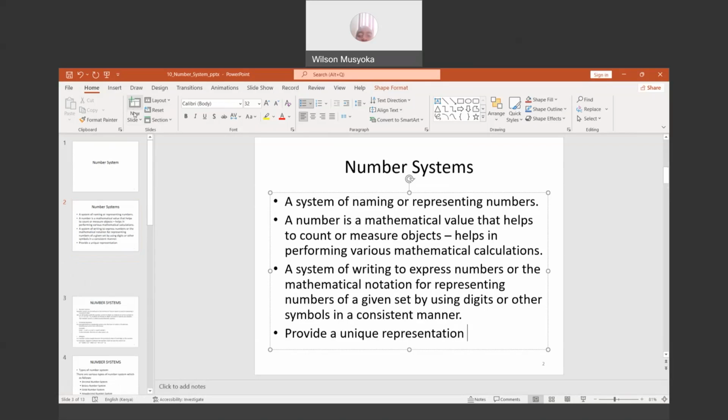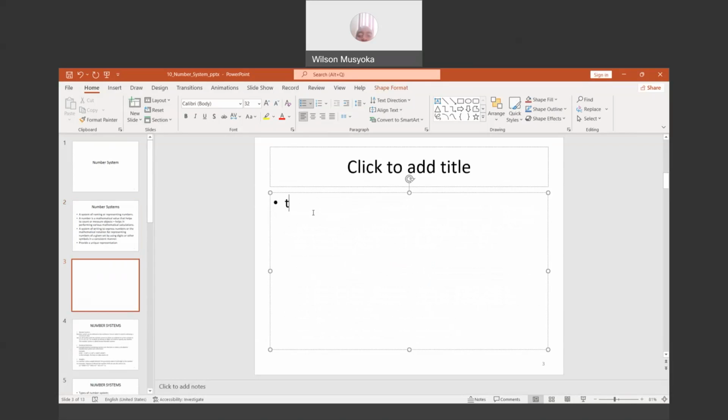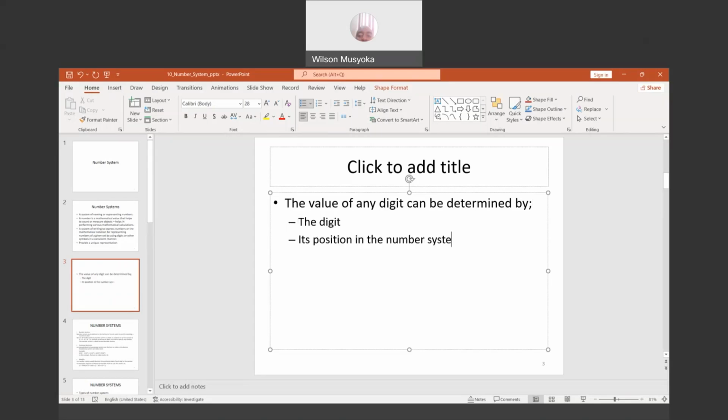And most likely you will realize that the value of any digit in the number system can be determined by several things: one of them being the digit itself, then its position in the number system, then the base of the number system.